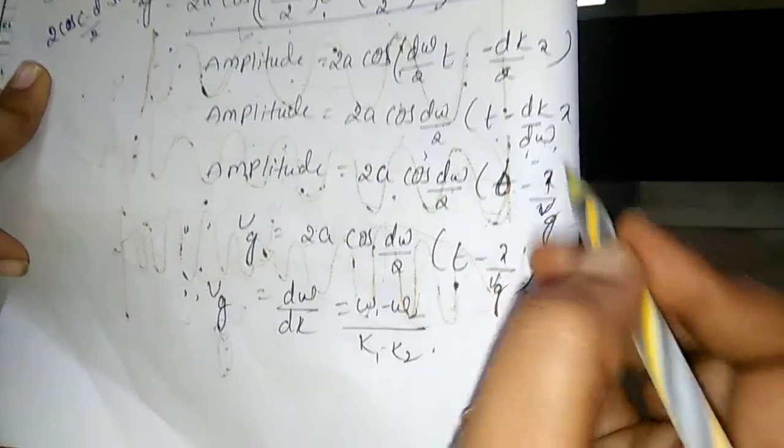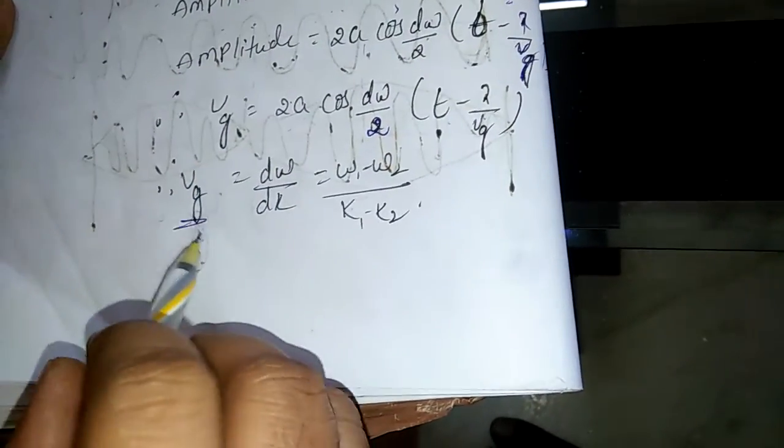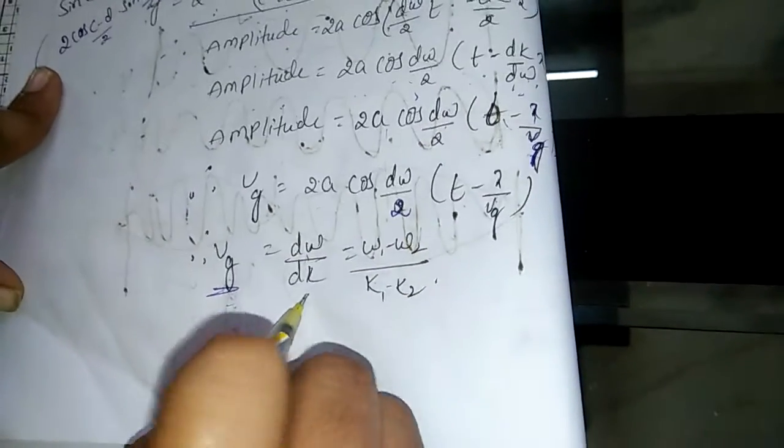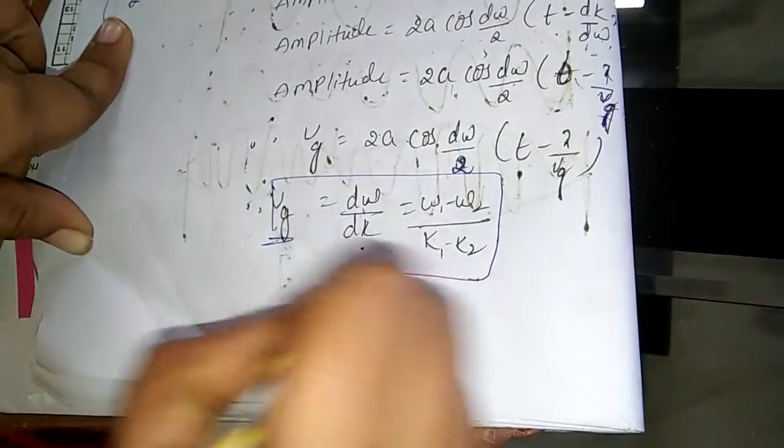In place of d omega by dk we substitute vg. After simplifying, the vg value is d omega by dk, which is equal to (omega1 minus omega2)/(k1 minus k2). So this is the expression for group velocity.